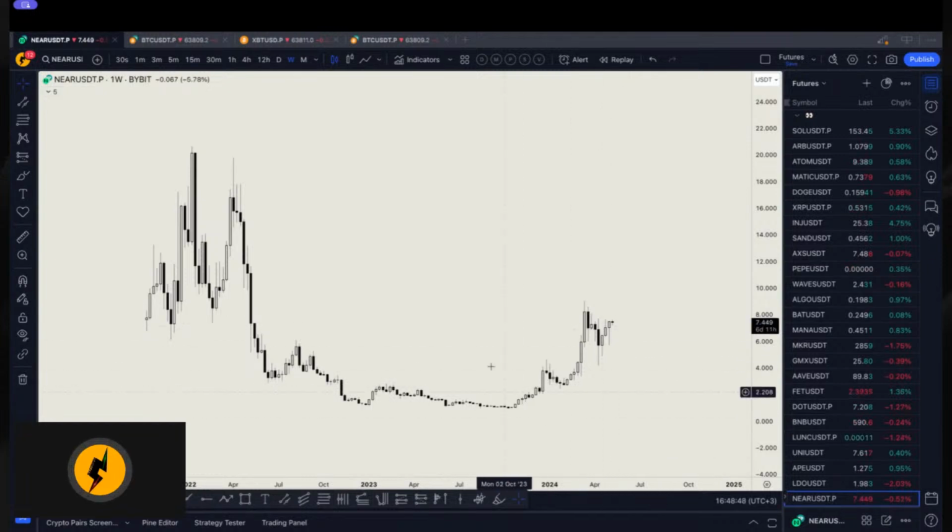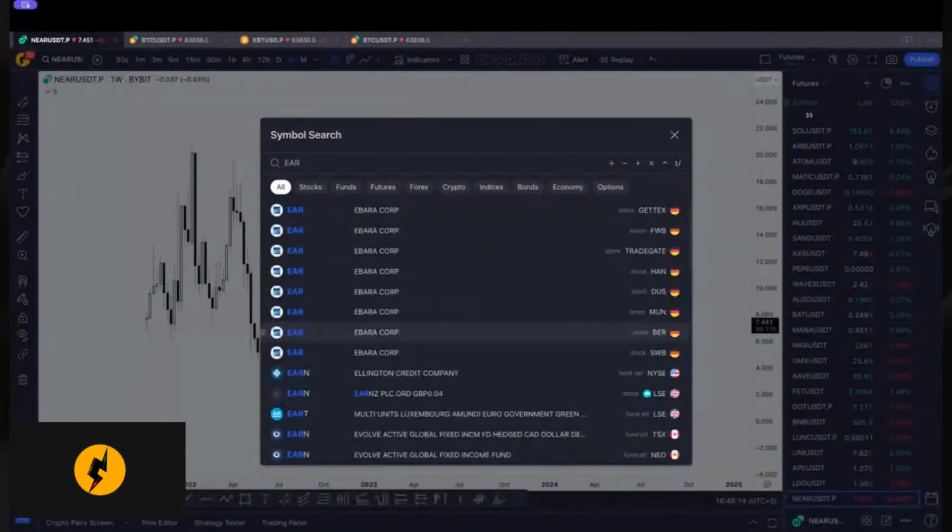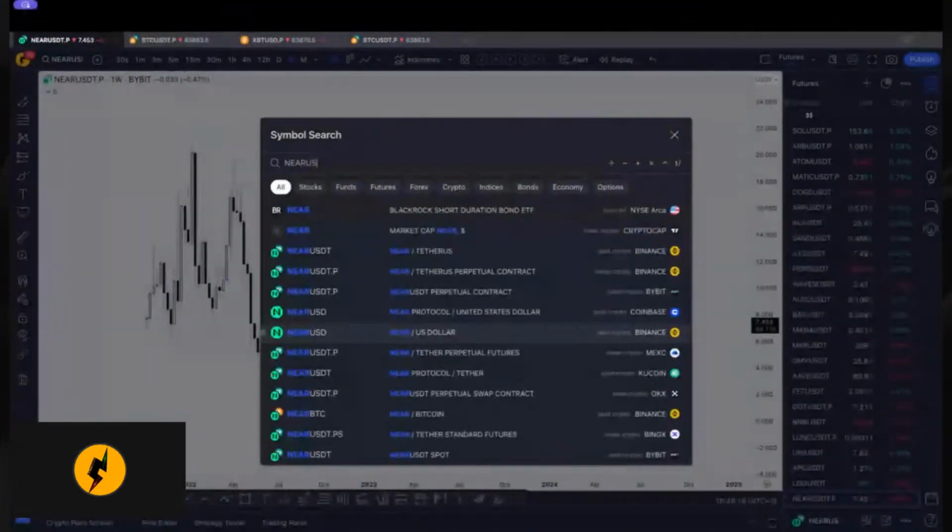But if you have a token, a chart that looks like this prior to the bull market, after the BTC halving and all those narratives and fundamentals that we got about the next bull market, if you had an altcoin chart like this, it just looks good, you know. It just looks good.